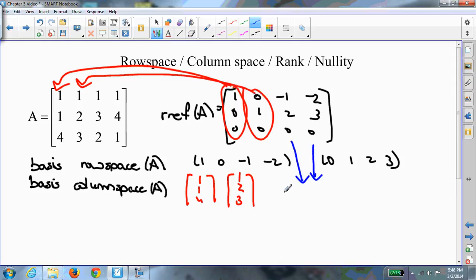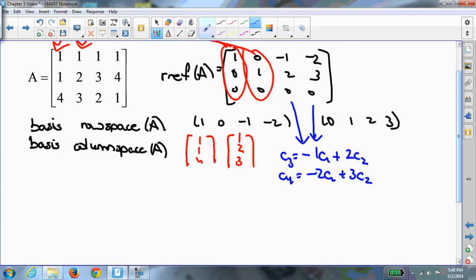So I know that column 3 is -1 of column 1 plus twice column 2. And I know that column 4 is -2 times column 1 plus 3 times column 2. We also talked about the idea of the rank of A, which is basically the dimension of the row space of A. And so in this case, since there's two vectors, the rank of A is 2.